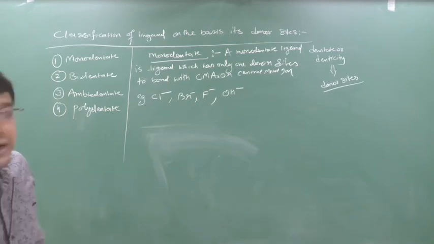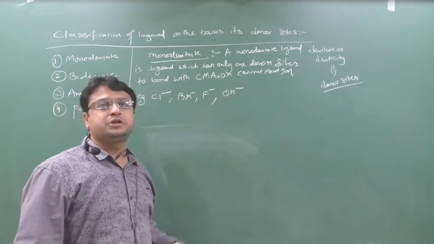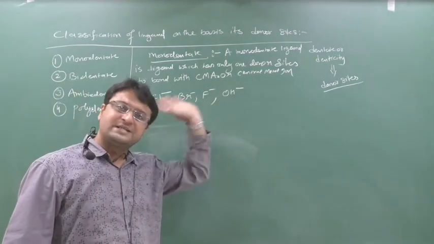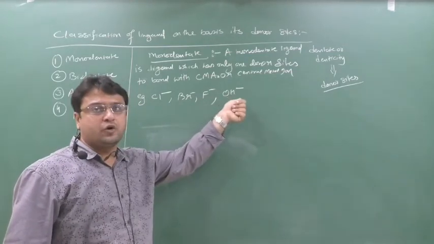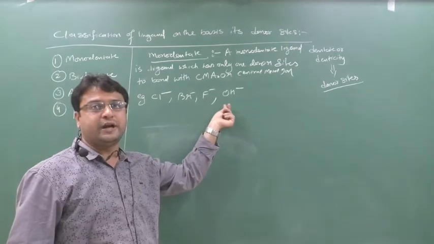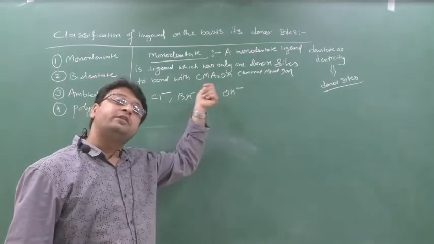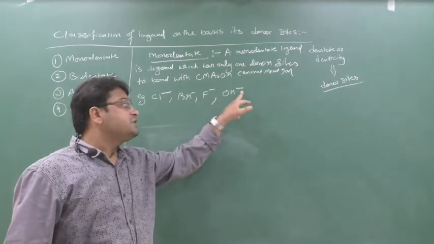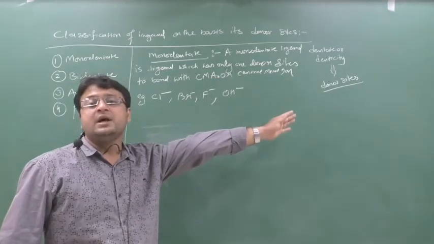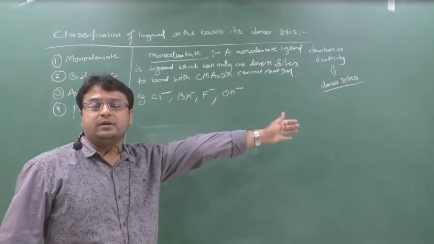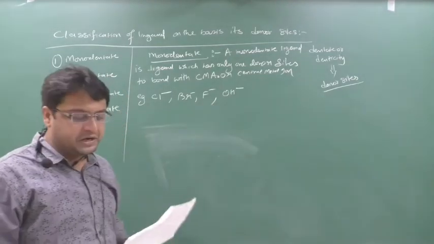Only one site is there, the oxygen site. Here there are two atoms, so you may think two sites. No. The hydrogen is bonded to oxygen and the minus charge is on the oxygen, so only oxygen can make a bond with the central metal atom or ion, not the hydrogen. So we say it is a monodentate ligand.